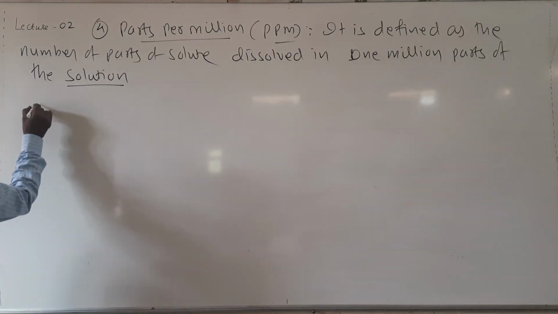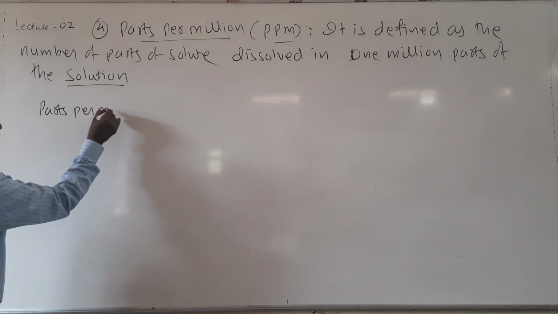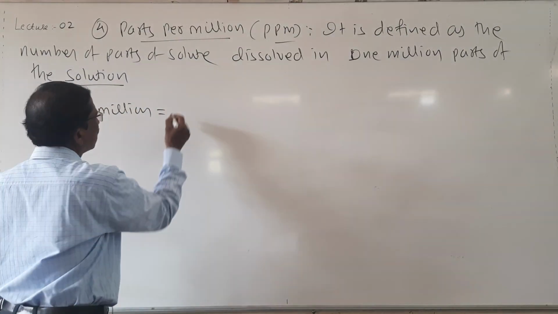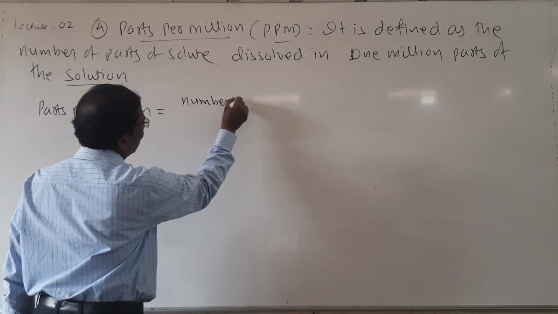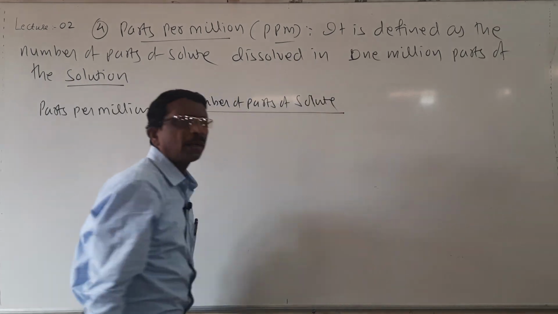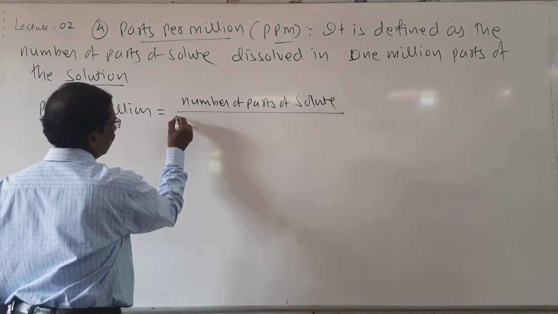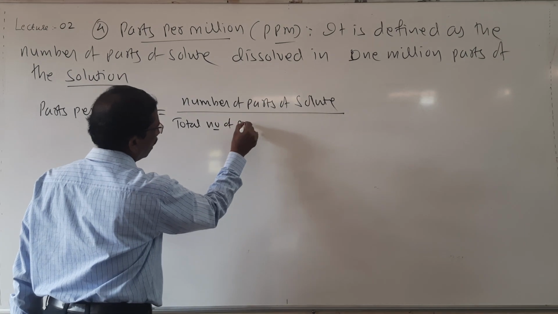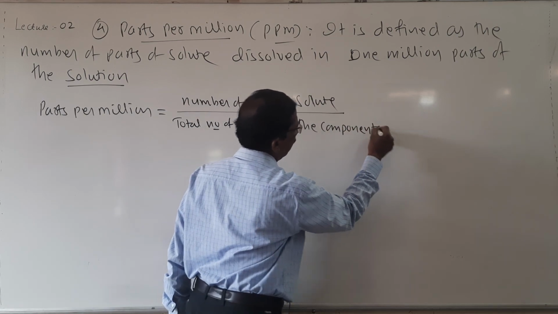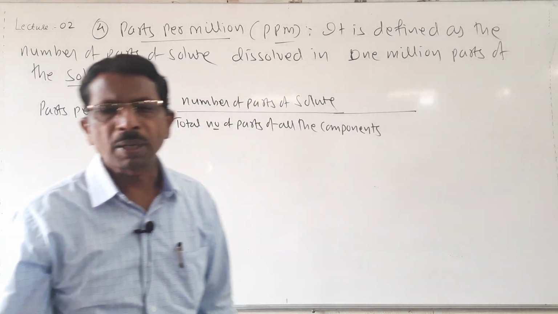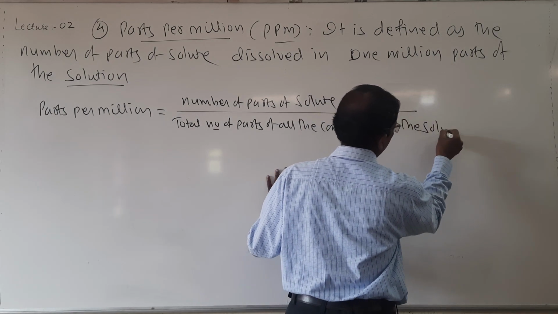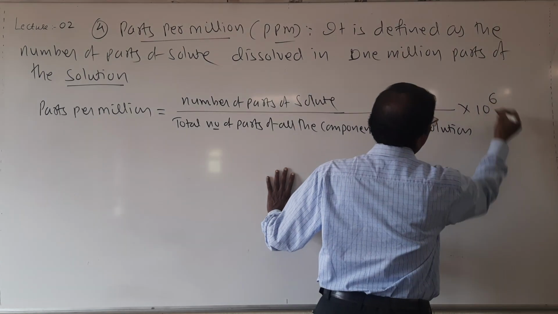You may define it in another way: parts per million is equal to the number of parts of solute upon the total number of parts of all the components of the solution, into 10 raised to 6.